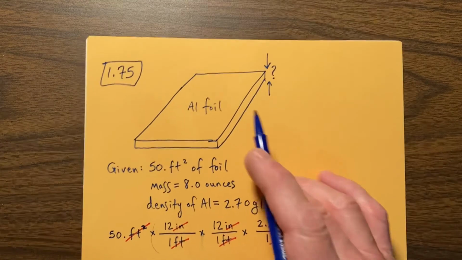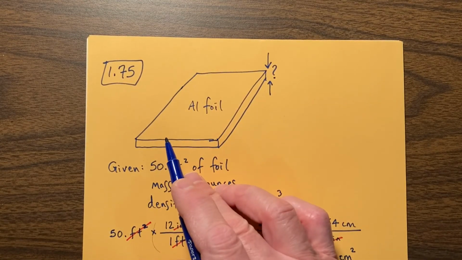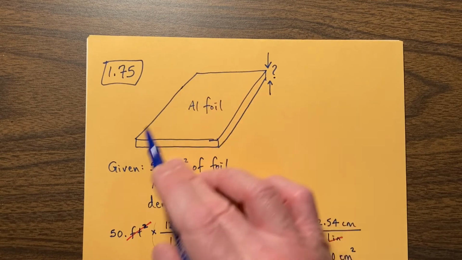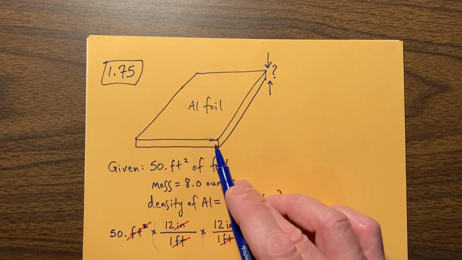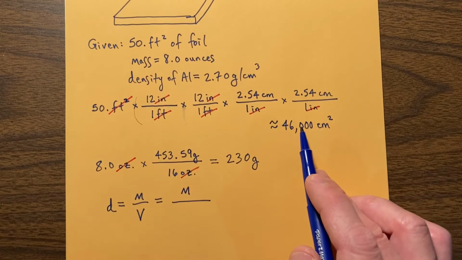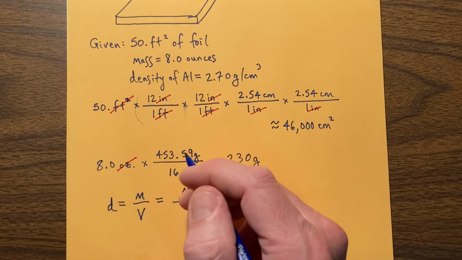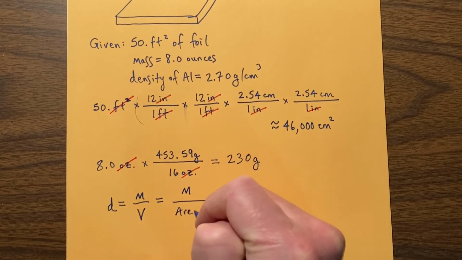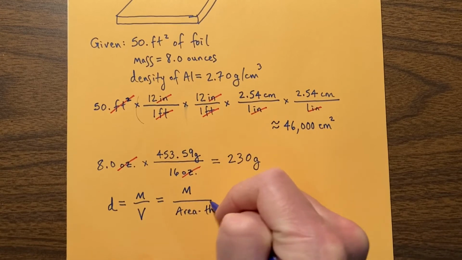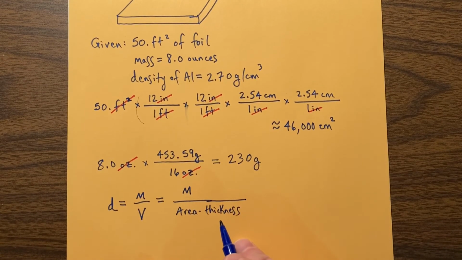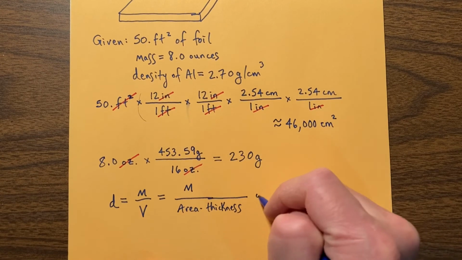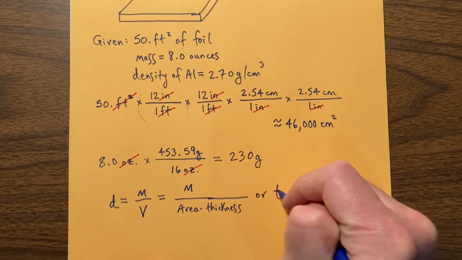But the volume of a piece of foil would be its length times its width times its thickness. So I already know the length times the width. That's the area. So volume can be re-expressed as area times thickness. And there I've finally introduced what I'm trying to solve into an equation. So now the rest is just algebra.